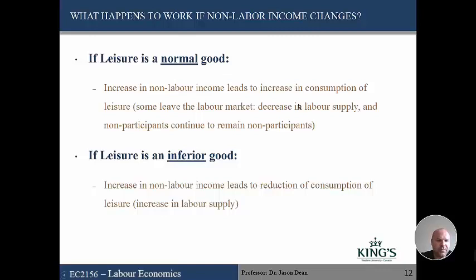So if you remember from microeconomics, a normal good means that the quantity demanded for it is positively related to income. More income, you want to buy more of it. So if we think of leisure as a normal good, higher income would mean we want more leisure. And then the opposite would be true if leisure was an inferior good. If our incomes increased, we would want less of it.